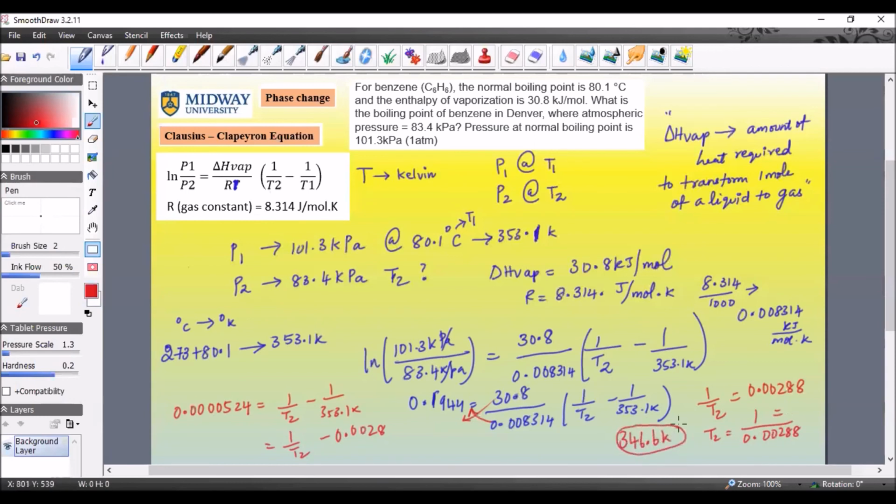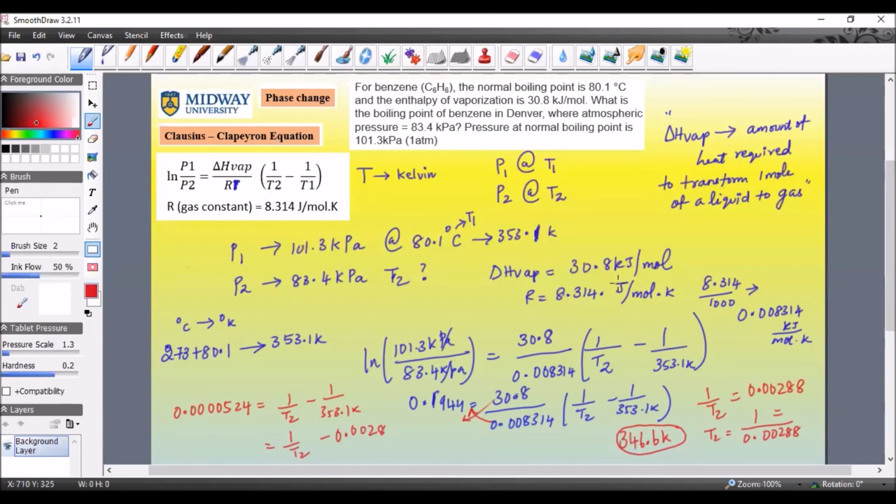Do you think benzene would boil faster in Denver, or would it boil faster in any other place of your choice, say Lexington? Where do you think benzene would boil faster? Would water boil faster in Lexington, Kentucky, or in Denver?